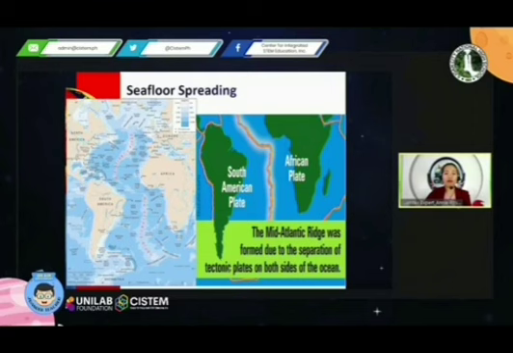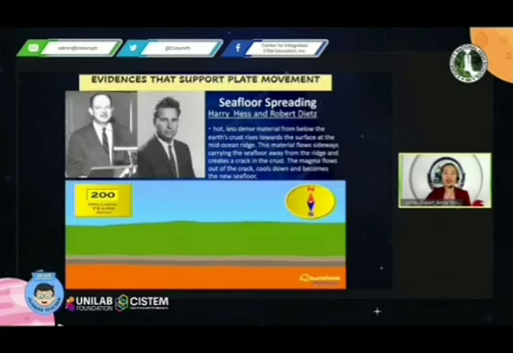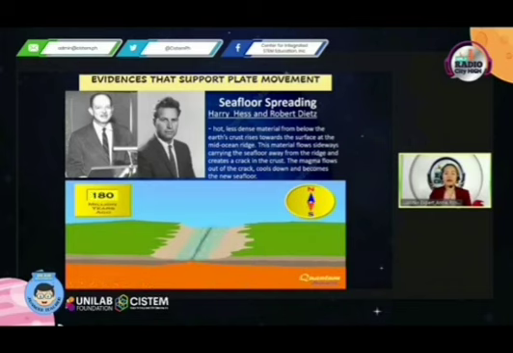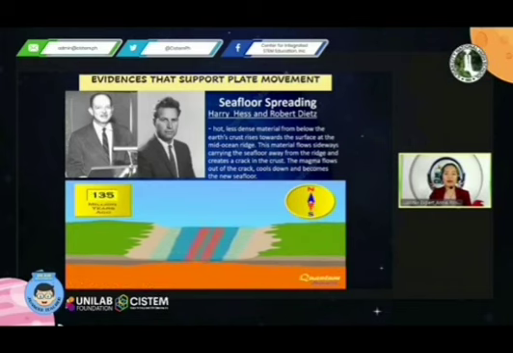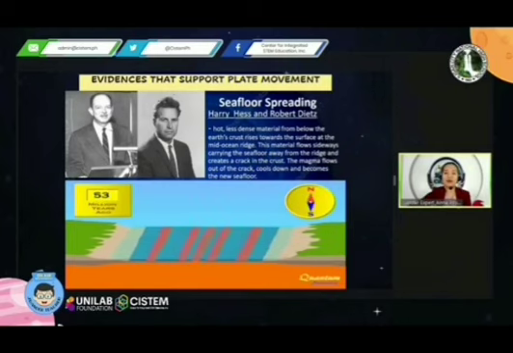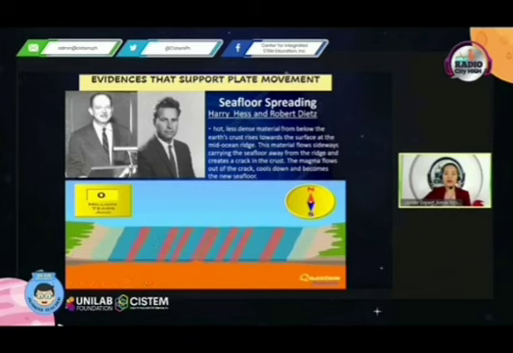So, I'm going to show you here how seafloor spreading happens. Right. So, this one. All right.